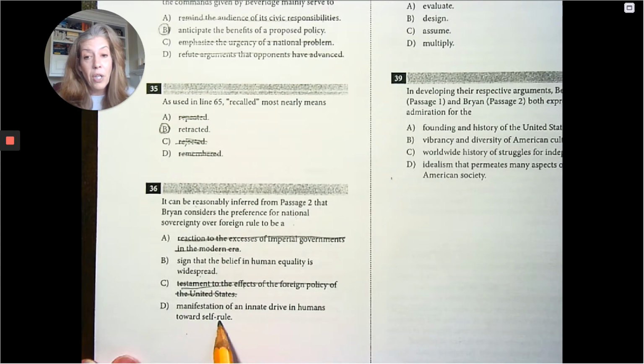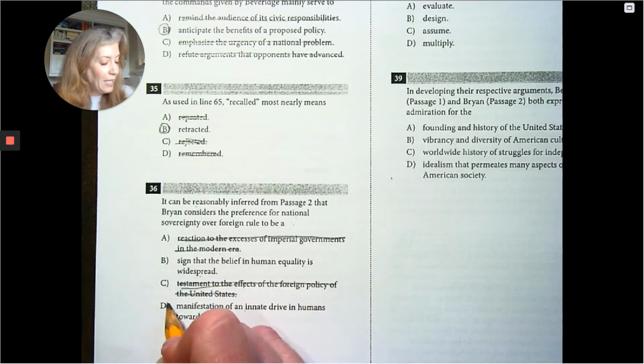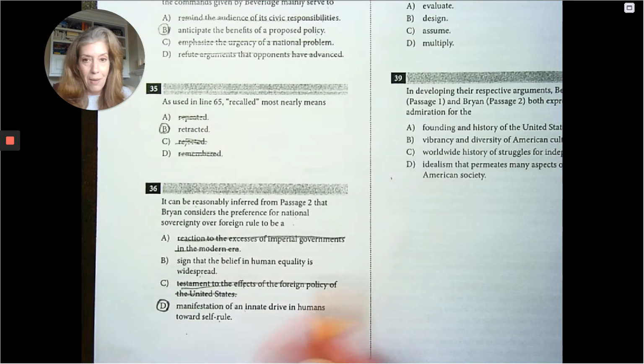These two are very close. Sign that the belief in human equality is widespread, or this innate drive in humans towards self-rule. Brian felt that it was so important for individuals to rule themselves that he brought up the fact that God has given us that want to do that. So D is the closest one to our theme. So D is the correct answer.